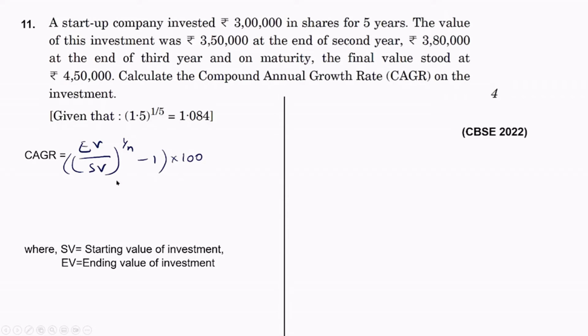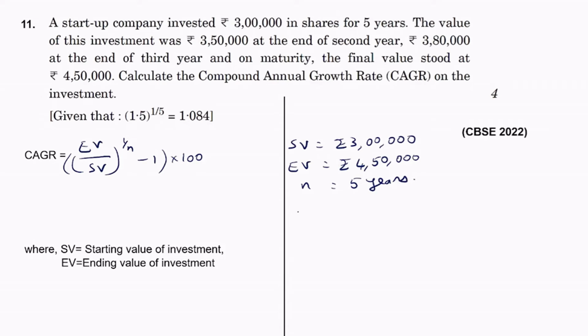So this is the formula for compound annual growth rate, where SV is the starting value of investment and EV is the ending value of investment. So here starting value, it is rupees 3 lakhs. Ending value is rupees 4,50,000 and n is equal to 5 years.